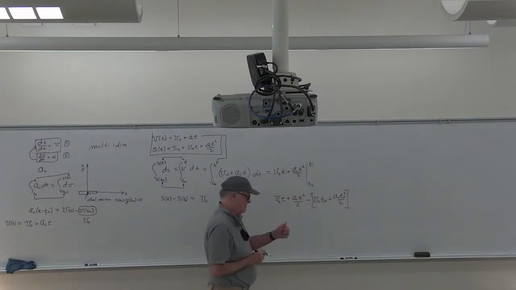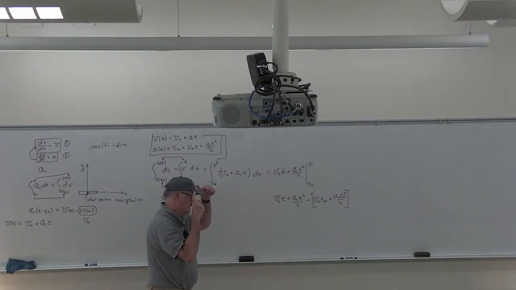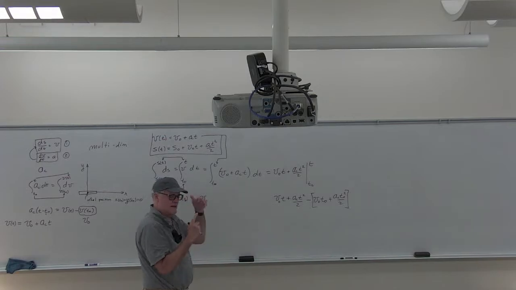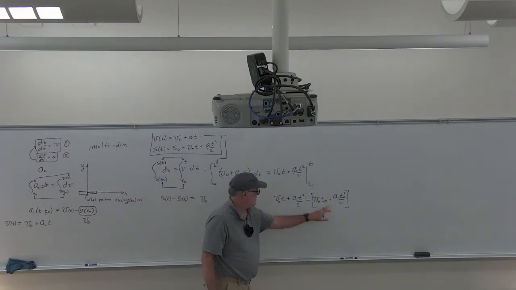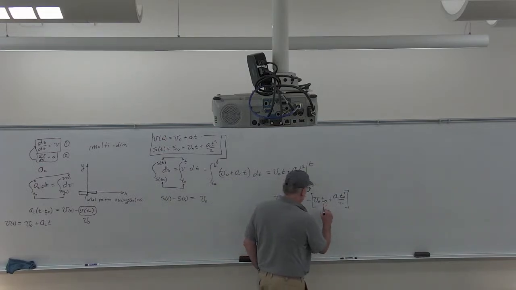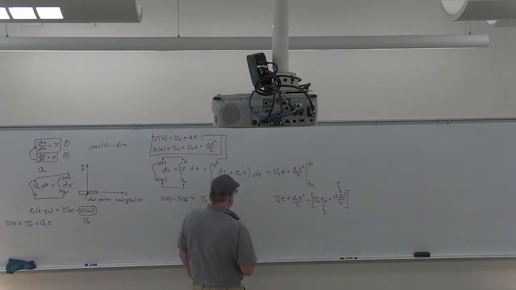But here's what happens. If I simultaneously hit the gun and push the stopwatch at the same time, my initial time is always 0, then you don't get this term because this becomes 0, and that becomes 0. That's not really described in the text that well, but that's essentially what's happening.